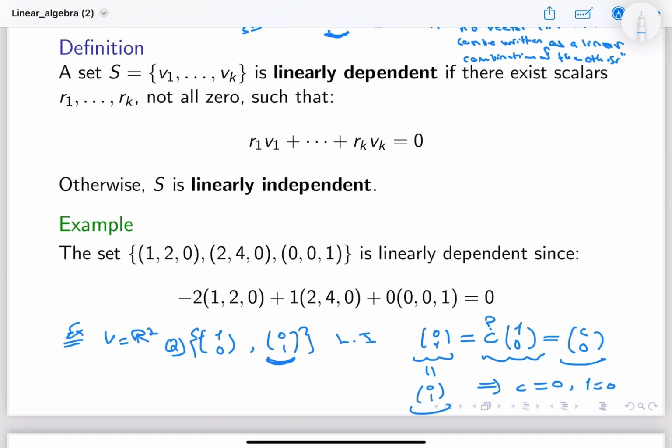So this is a contradiction. So there isn't such a C such that you can write one vector as a linear combination of the other, which means that this set is linearly independent because you cannot. So suppose we can write it as such, then we get a contradiction.